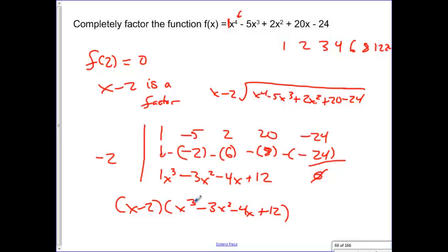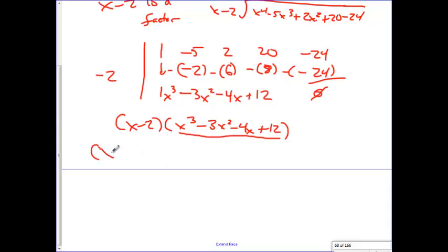Try plugging 3 into this guy right here. Let's see what 3 goes into this guy. So do it for just this section right here. Does 3 go into this thing here? Does it give you a 0? Yeah. 3 works?